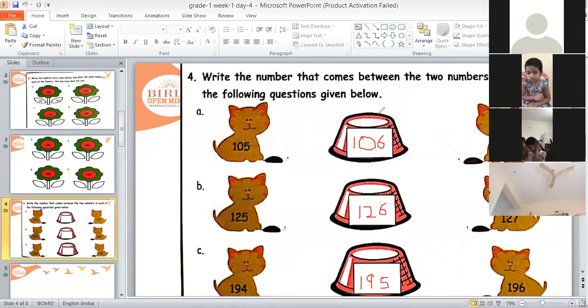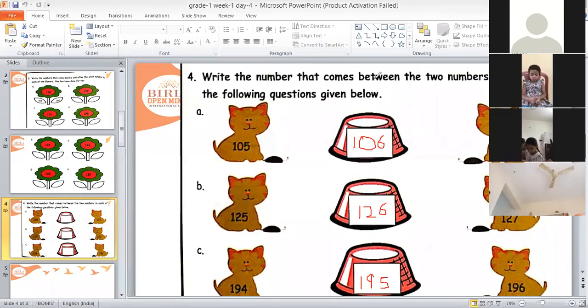Okay, so this is the correct answer. Very good, Manha. That's the correct answer. So 195 comes just after 194. So 195 comes in between 194 and 196.